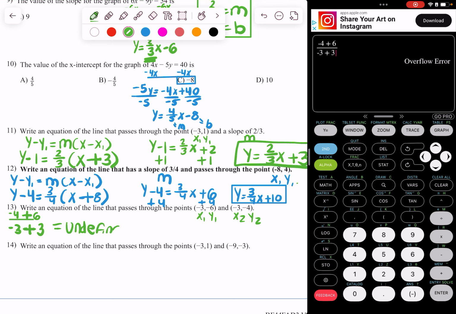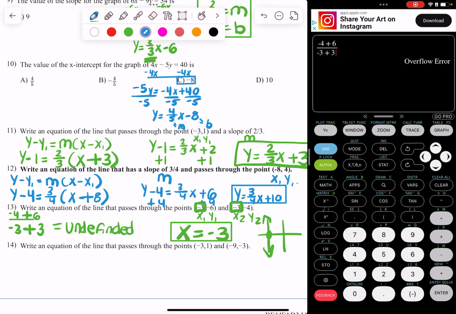Undefined. Whenever you have an undefined equation, that is going to be an equation that is x equals. It is x equals whatever the value is, which is negative 3. And that point would look like you would go to x equals negative 3, which is to the left 3, and you would make a vertical line.